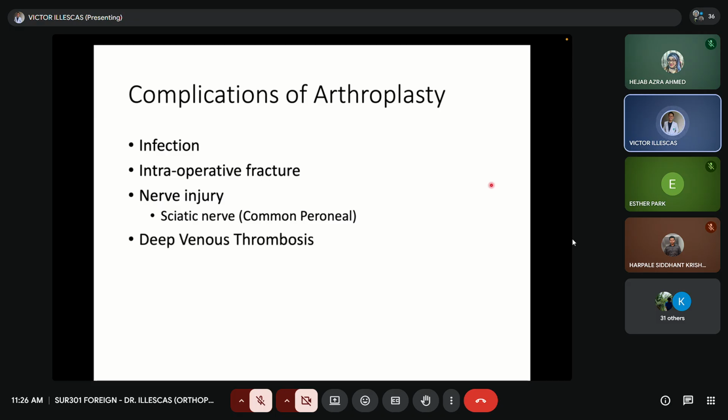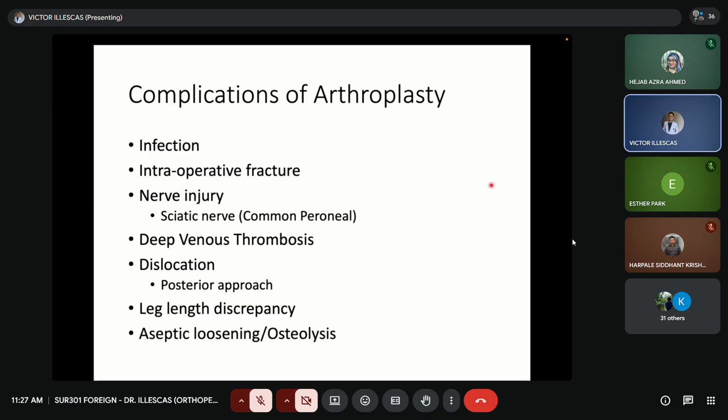It may lead to deep venous thrombosis, especially if the patient is not moving after the surgery. It may also lead to dislocations. And it may lead to leg length discrepancy, especially if the size of the implant is not sufficient. So please remember the complications of joint replacement as well.